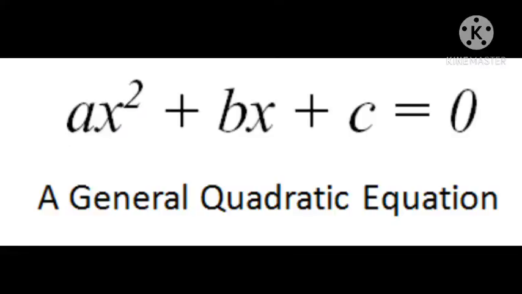We can see from the pattern, a quadratic equation is an equation with the highest degree of 2. It has the general form ax squared plus bx plus c equals 0, where a, b, c are known values and a cannot be 0. x is the variable we don't know yet.